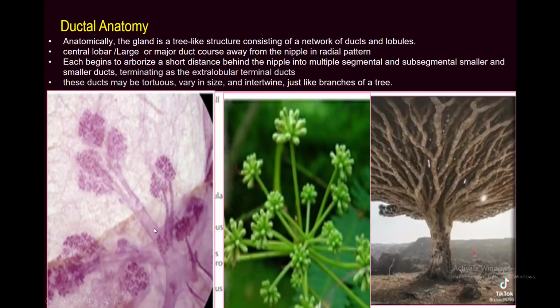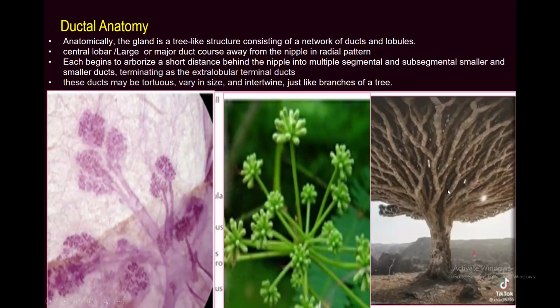If you compare this ductal system, can you see the ductal system here and the overlap between it, in histopathology? This is the real breast histopathology. Compare it with this image of a plant, this tree. You see the ducts going like this.